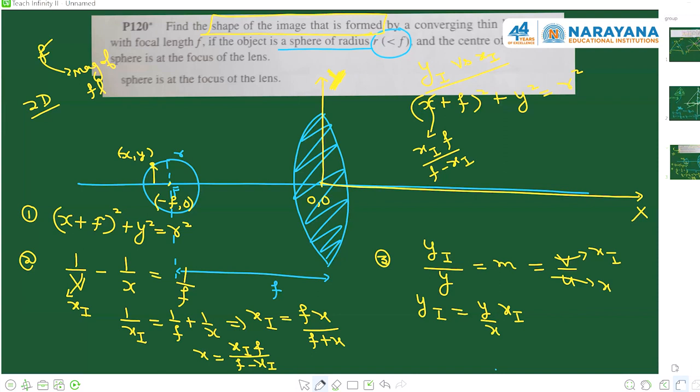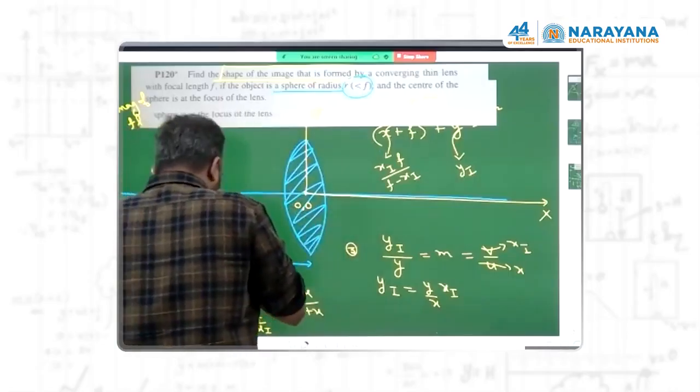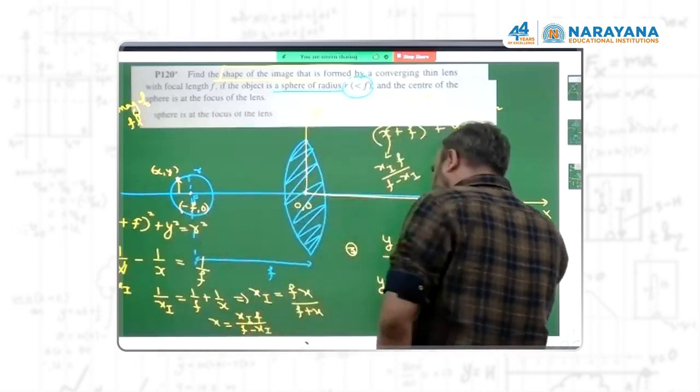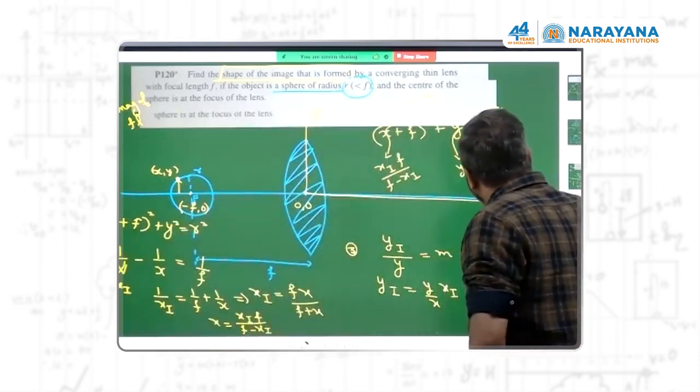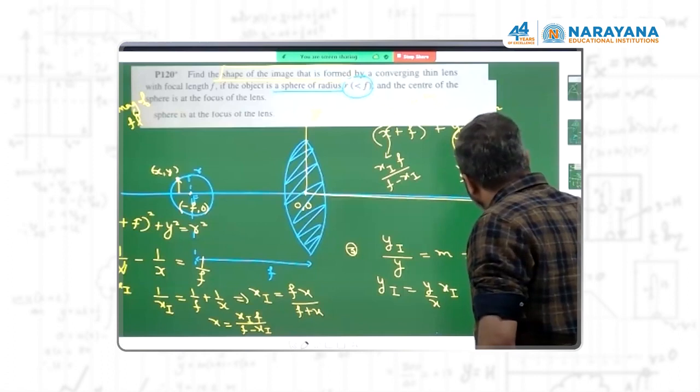Fine. So I'm trying to eliminate x and y. And as far as this y is concerned, now write it carefully. It has y image into x upon x image. Now that term x upon x image is f upon f minus x image.